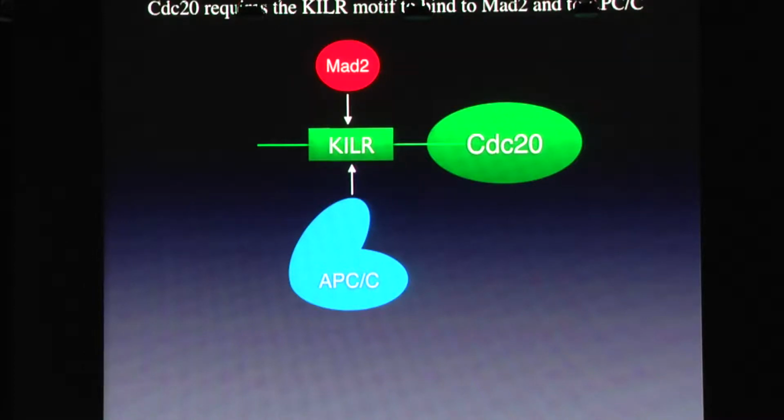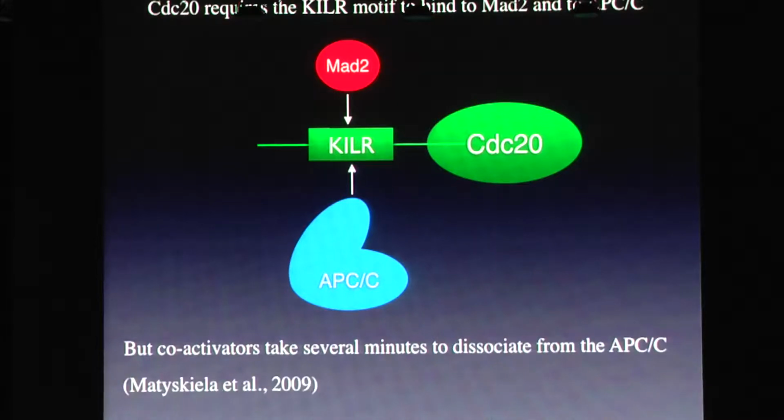But David Morgan had shown that it takes several minutes for CDC20 to dissociate from the active APC. So those kinetics don't match. I've just shown you can turn off the APC within a minute. So how can you do it more quickly, and how can you do it without having to dissociate CDC20 from the APC?